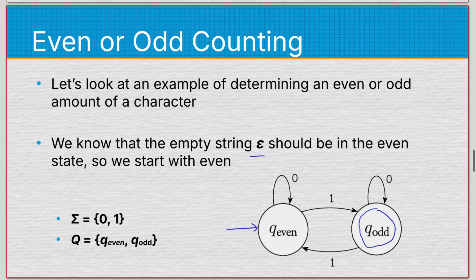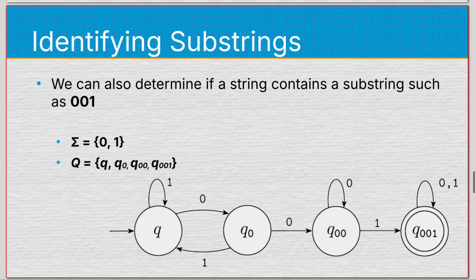So that's one we can do for more complex structure, and then we can also use it to identify substrings in a finite automaton. Say we want to look at a substring that contains 0, 0, 1. Our alphabet is 0, 1, and we currently have states Q0, Q00, and Q001, and nothing beyond that.